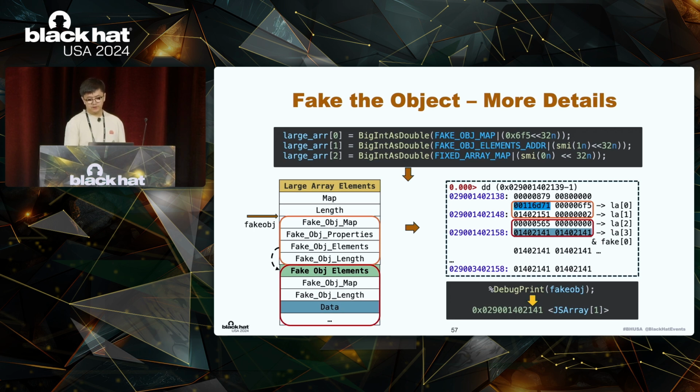Since we know the fixed map values of the object to be faked, we use a large array to write the fake object map, element address, length, etc. to the corresponding offset. Finally, we succeed in faking a JS array at the JavaScript level, as shown here.